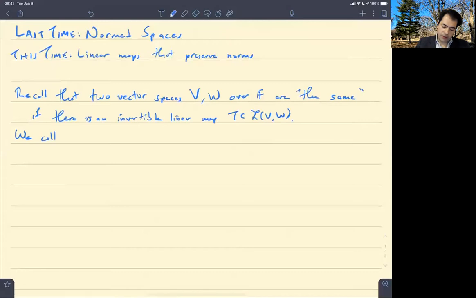We call T an isomorphism and say that V and W are isomorphic.